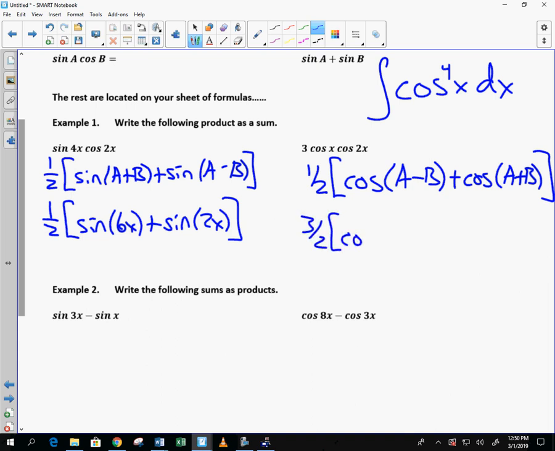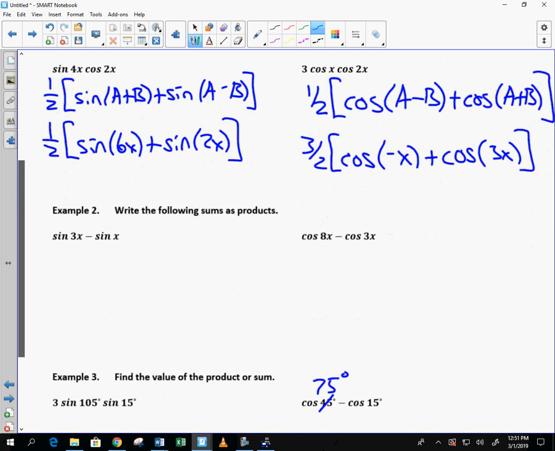Times the cosine of what's a minus b? Negative x. Plus the cosine of what's a plus b? 3x. Am I done? Nope. Make me proud, folks.